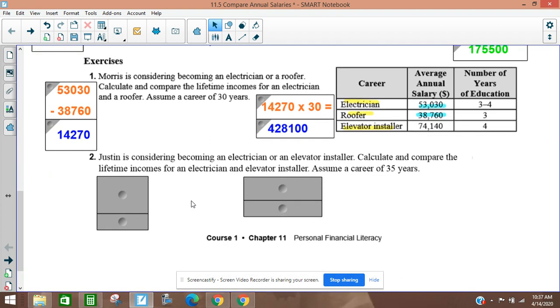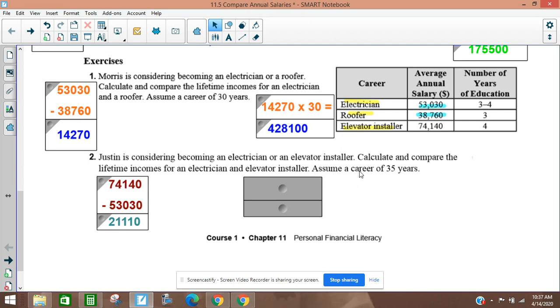Now moving on. The two that we're going to compare now are the elevator installer and the electrician. So when we find the difference between the $74,140 minus the $53,030, we find a difference of $21,110.